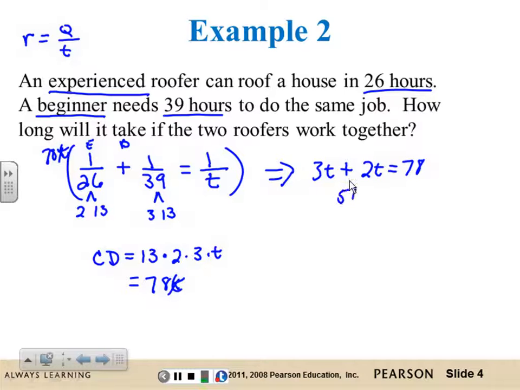And so I'm going to have 5t is equal to 78. Divide both sides by 5, and you're going to get t is equal to 15.6 hours. And that makes sense because it's less than the 26 hours that it takes the experienced roofer to do.